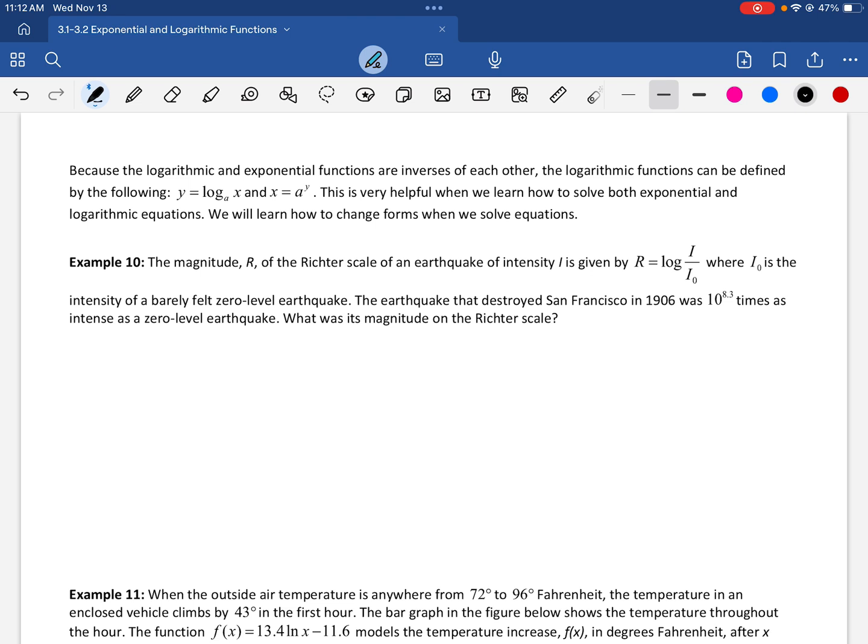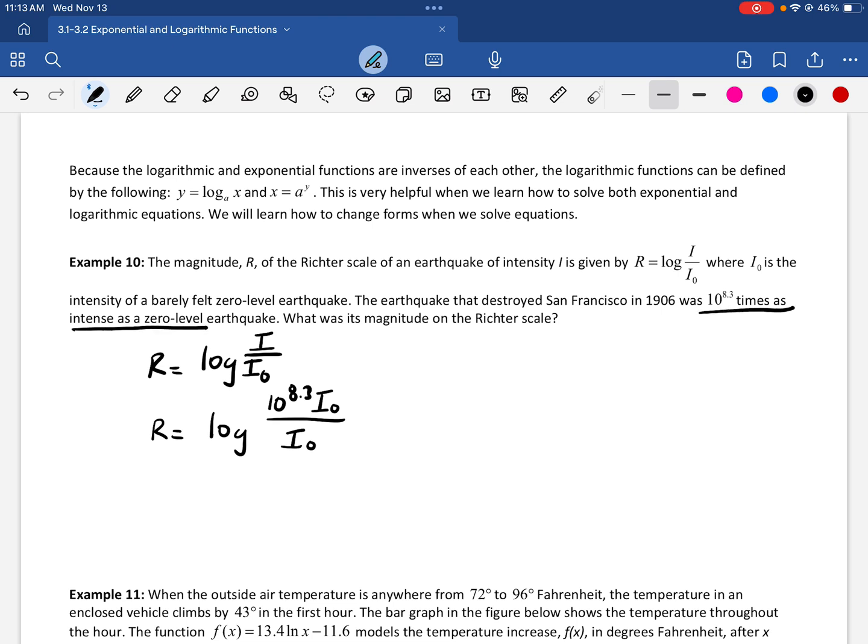And it says I is the intensity of a specific earthquake. So we know in this case, using this formula, that our earthquake in San Francisco had an intensity of 10 to the 8.3 times I sub 0, and then that would be over I sub 0, because it says that it is 10 to the 8.3 times the intensity of a zero level earthquake.